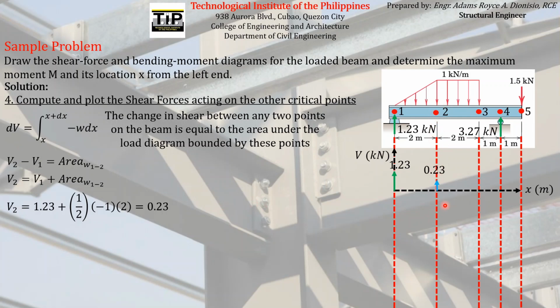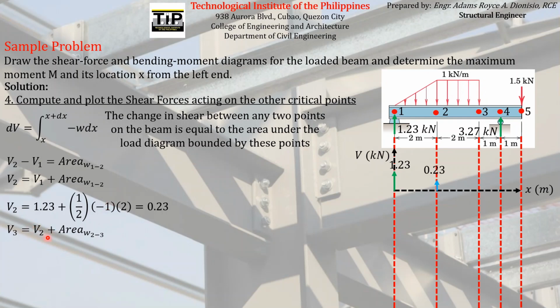Next, we already established the shear force acting on point 2. Let's establish the shear force acting on point 3. So again, using the same analogy, which is this, we can say that the shear force acting on point 3 is just equal to the shear force acting on point 2 plus the area under the load diagram between point 2 and point 3, which is just a rectangular load.